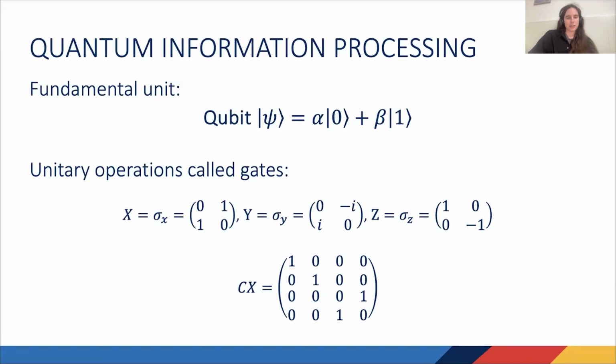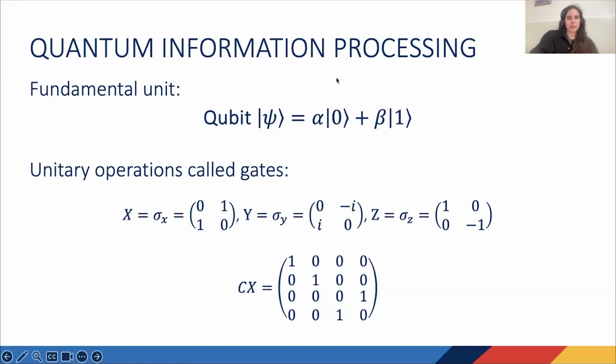But quantum information can take on some superposition of 0 and 1, which is a buzzword in quantum, I would say. Essentially, it means that if you were to measure your quantum system or observe it, with some probability you would get 0, and with some probability you would get 1. So that's this fundamental unit of information when we're dealing with quantum computers and trying to process information quantumly.